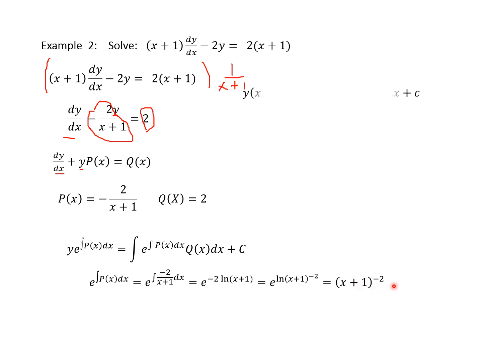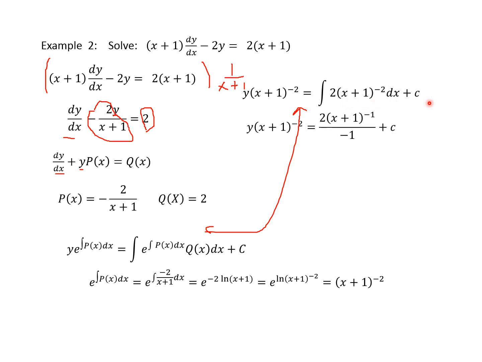So the integrating factor is (x + 1)⁻². You have to plug it into the equation. So you simply have y times the integrating factor equals the integral of 2 times the integrating factor dx plus c.